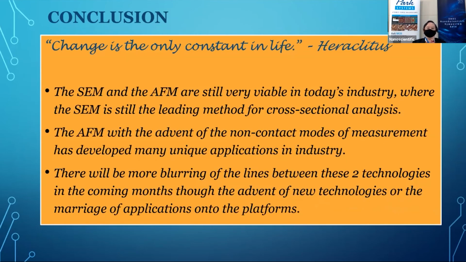So change is the only constant. In terms of the viability of the tool, they are still symbiotic. We need them for certain instances, but at the same time, there is a blurring of the line between these two technologies with the advent of new systems, applications and platforms that we talked about earlier.